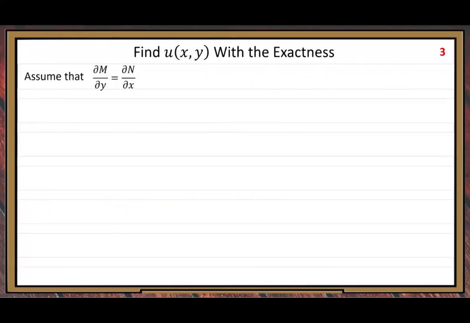This condition makes sure of the exactness of the given form, m times dx plus n times dy equals 0. So we assume the exactness is there.